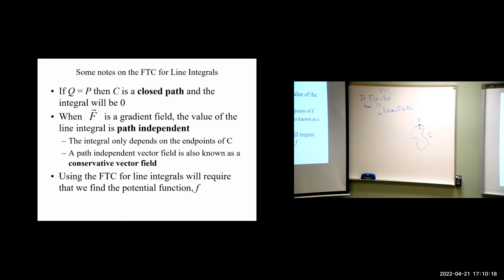We now know that if we have a gradient field, we can use the fundamental theorem of line integrals. We also know how to determine whether a vector field is conservative, path independent, a gradient field. All we have to do is show the curl is 0. If the curl is not 0, it's not conservative. We cannot use the fundamental theorem of line integrals.